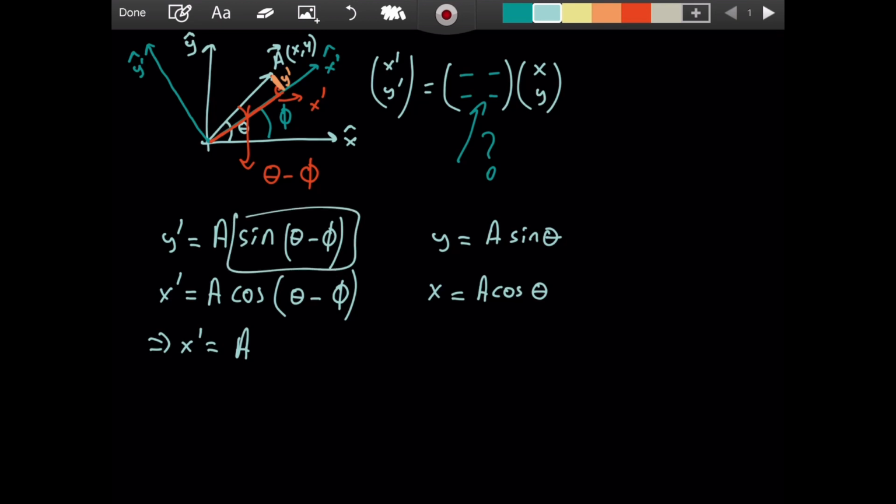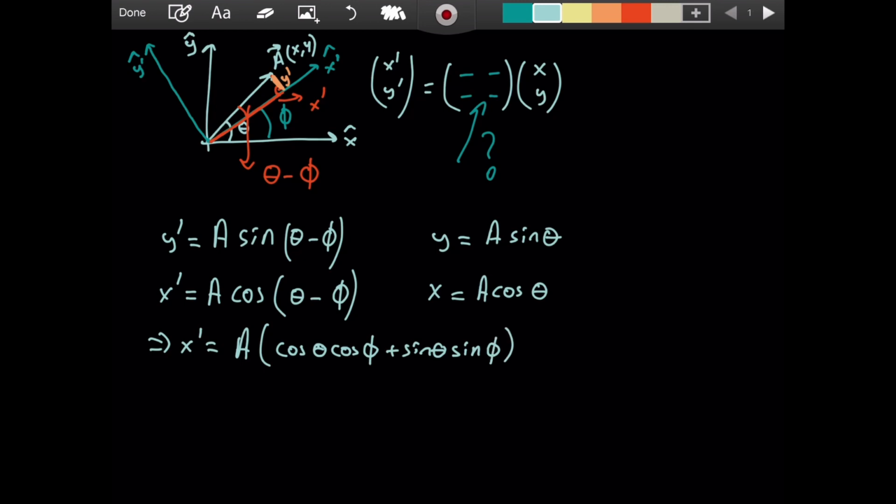I also derived that in a previous video, which you can also access from the corresponding links. So using that formula, which we have already proven, we know that this is equal to cosine of theta times cosine of phi plus sine of theta times sine of phi.